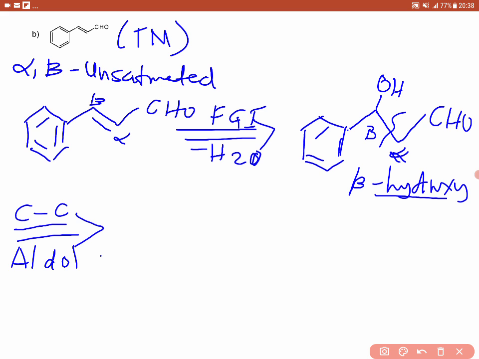That disconnection reveals that one of the starting materials was benzaldehyde, while the other one is CH3CHO.